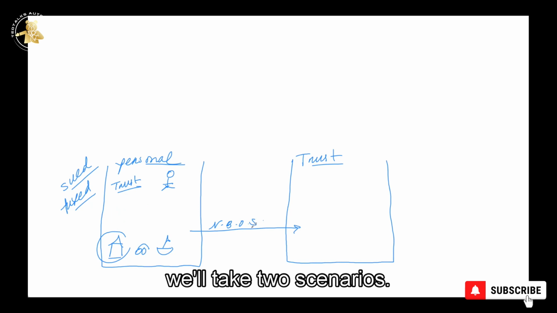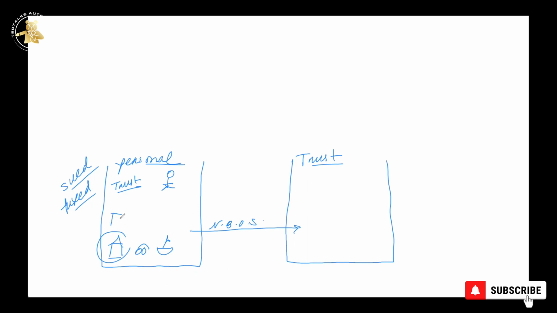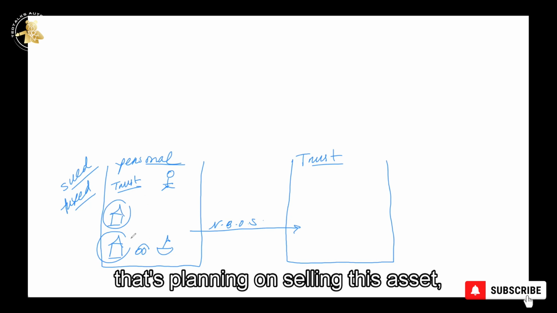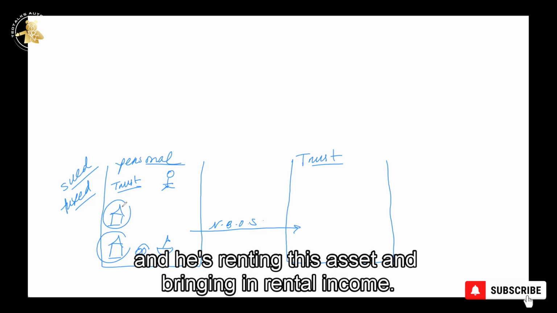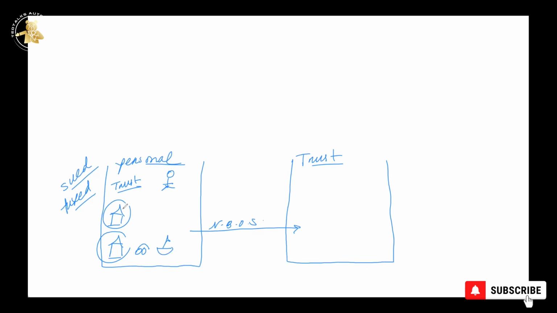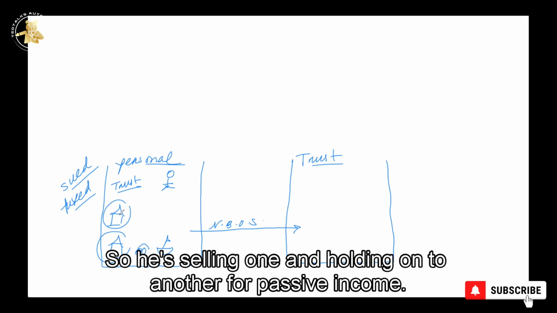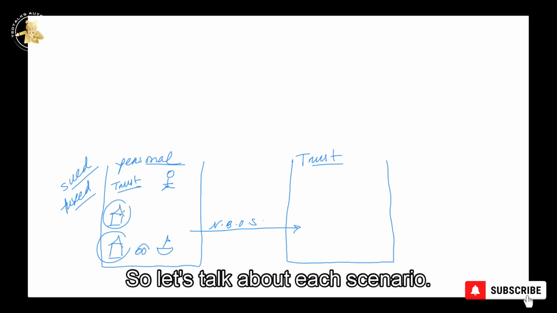So we'll take two scenarios. We have a gentleman that's planning on selling this asset, and he's renting another asset and bringing in rental income. So he's selling one and holding on to another for passive income. Let's talk about each scenario.